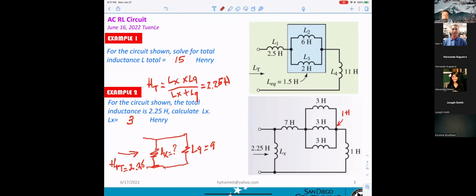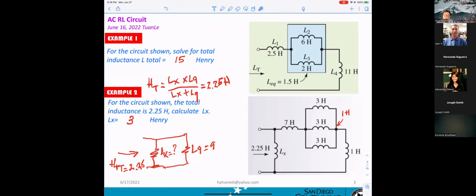Okay, Mr. Smith, any question? You're saying it's LX in parallel with L9. Right. However, I already told you, they gave us the total impedance. 2.25.